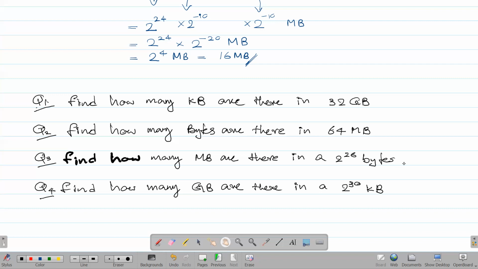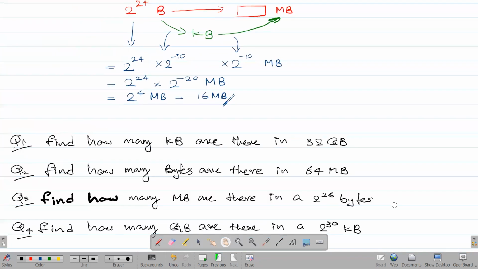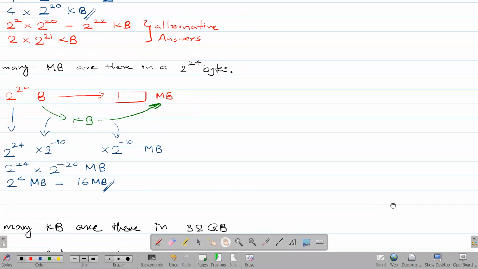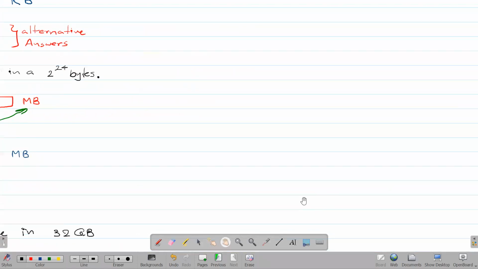Right, people, let's do these things, right? So the first one is talking about how many kilobytes are there in 32 GB, right? So in the first one, we have to convert. Yes, now that's correct.